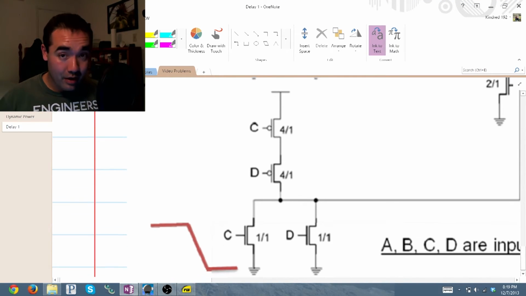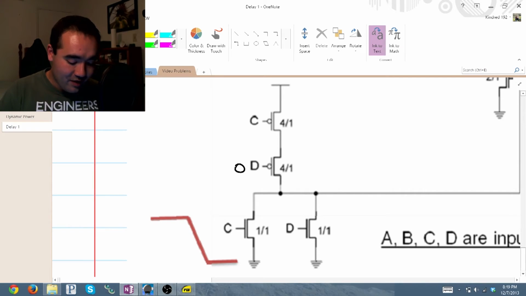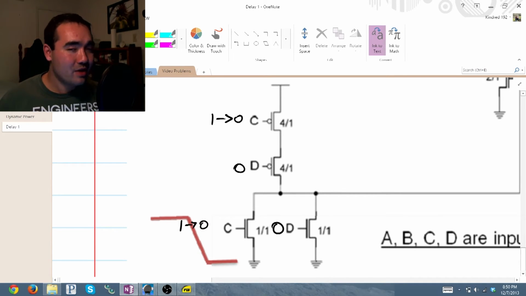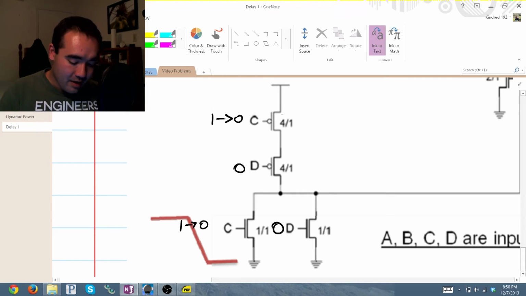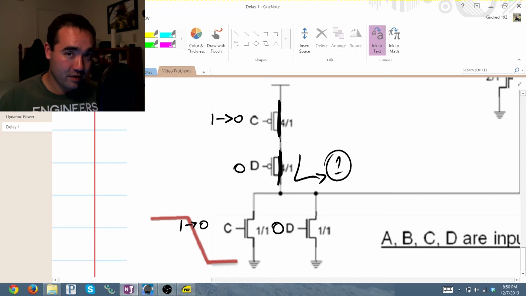Let's go ahead and look at our other side here. So this is 0, this is 0, this is 1 to 0, this is 1 to 0. Now you can already know intuitively that this transistor is going to close, creating a value of 1 on the output of this stage.